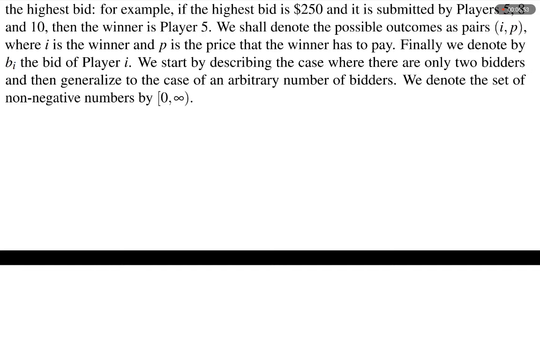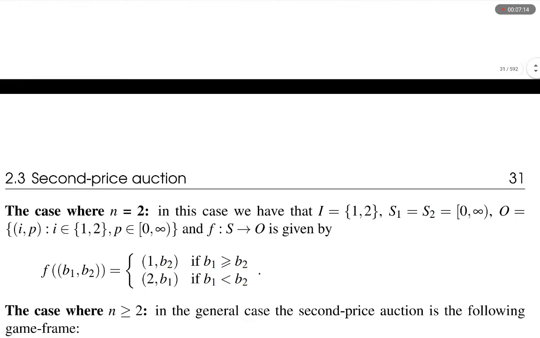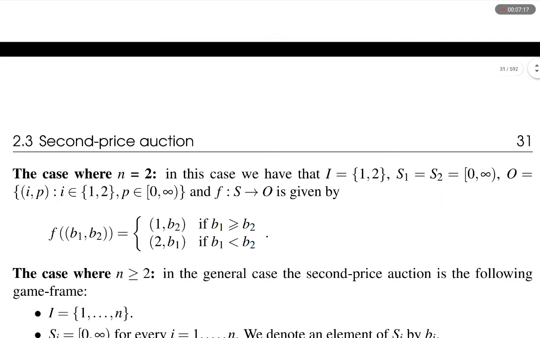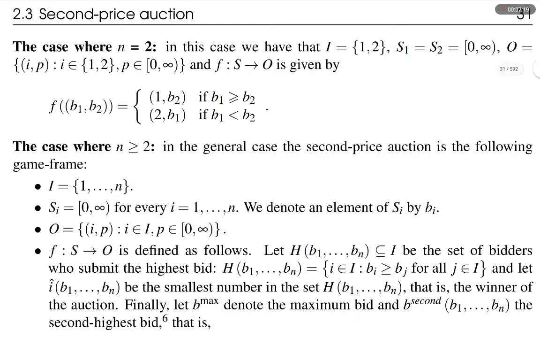We start by describing the case where there are only 2 bidders, and then generalize to the case of an arbitrary number of bidders. We denote the set of non-negative numbers by [0, ∞). The case where n equals 2: in this case we have that I equals the 2-element set {1, 2}.